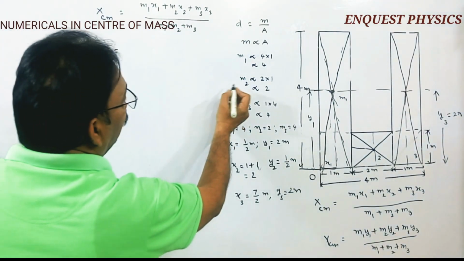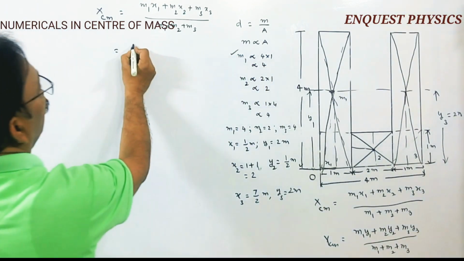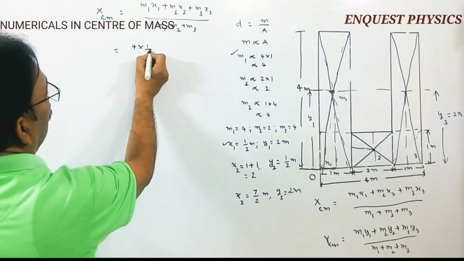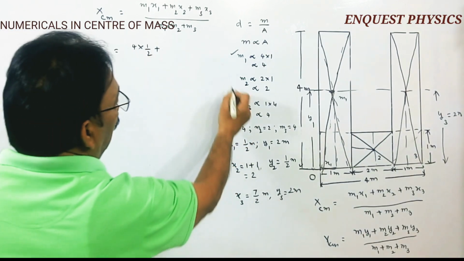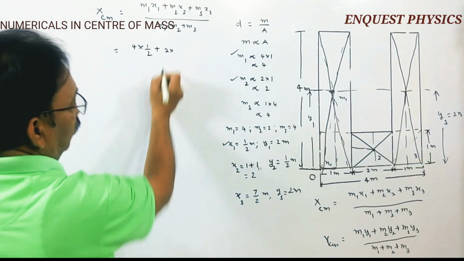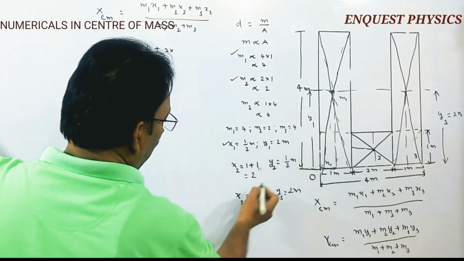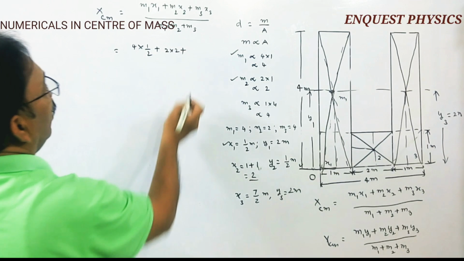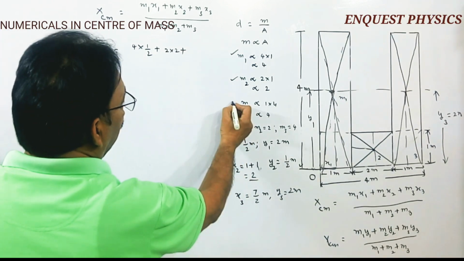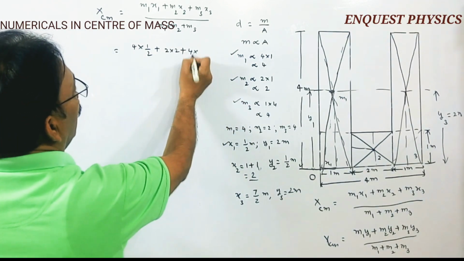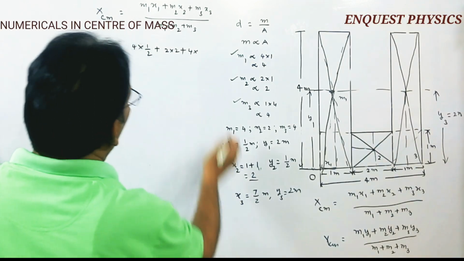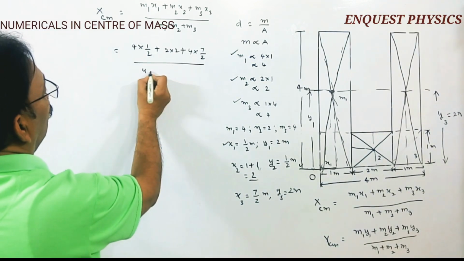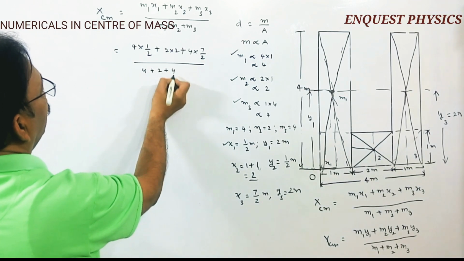Take the value of m1. m1 is 4, and we are taking x1, it is 1 by 2, and m2 is 2, and we had the x2, it is 2, plus m3, here it is 4 into x3, already we got it 7 by 2, by 4 plus 2 plus 4.